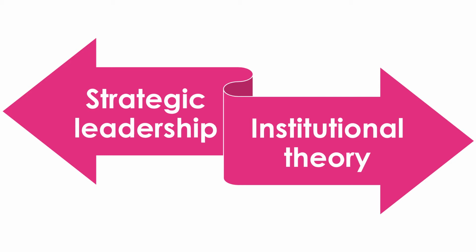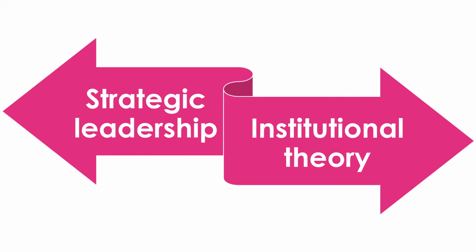One theory is strategic leadership, which considers that leaders' characteristics such as knowledge, experience, values, personalities, and preferences greatly influence what happens to their organizations. The competing theory is institutional theory, which explains why organizations are so similar regardless of what the leaders are.